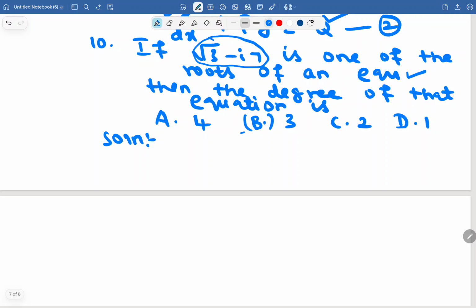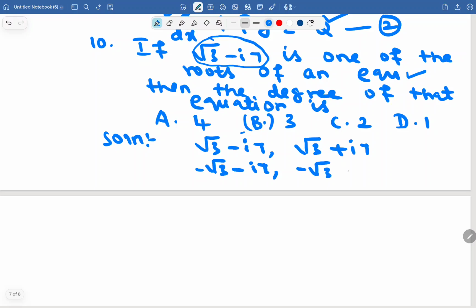We know very well irrational roots occur in pairs and imaginary roots occur in pairs. Root 3 minus i7 is one of the roots, which means root 3 plus i7, minus root 3 minus i7, minus root 3 plus i7 are also roots, totally 4 roots.